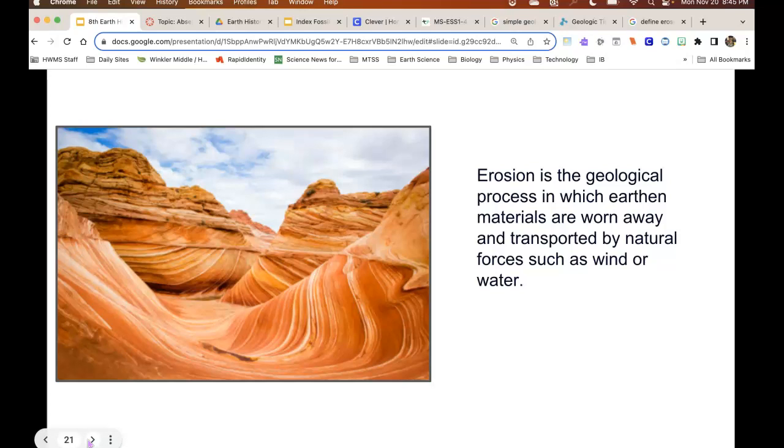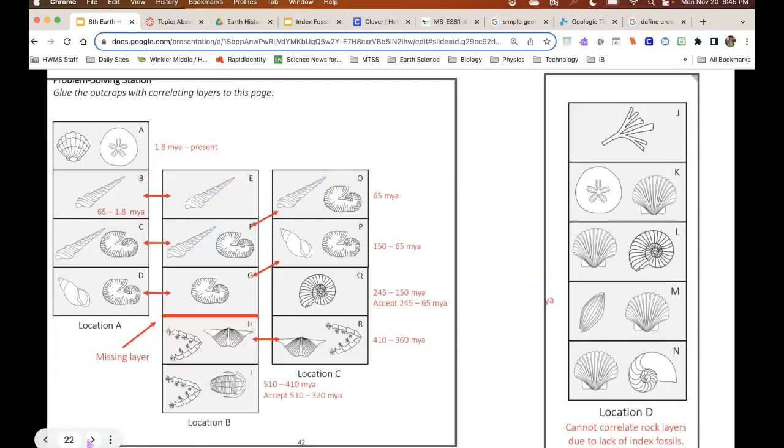So for whatever reason, it could be water, it could be wind, it could have been an earthquake, and different things. Part of that layer is not there anymore, and so that is erosion. So this affects the layers of the earth where the fossils are found.